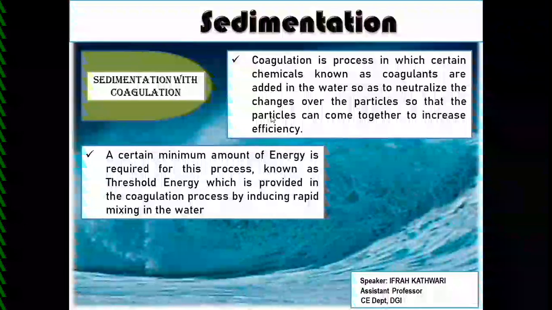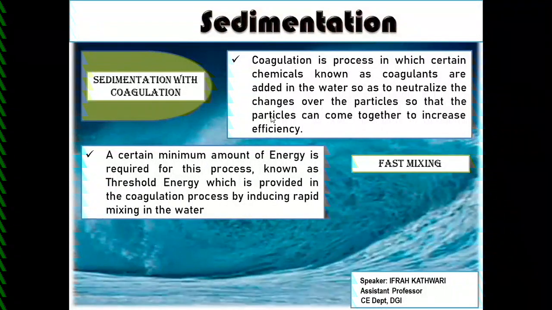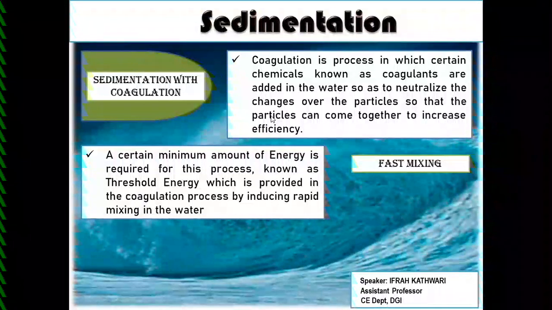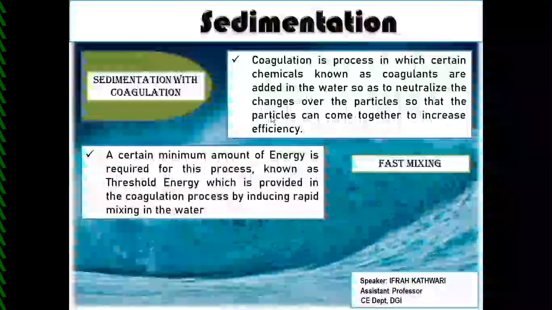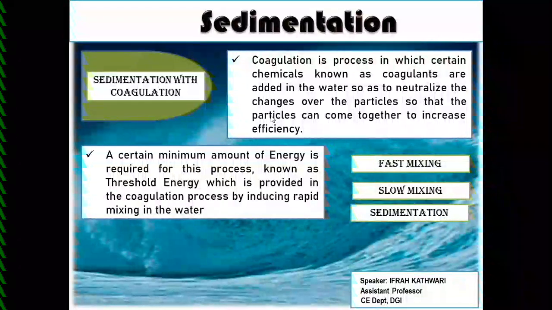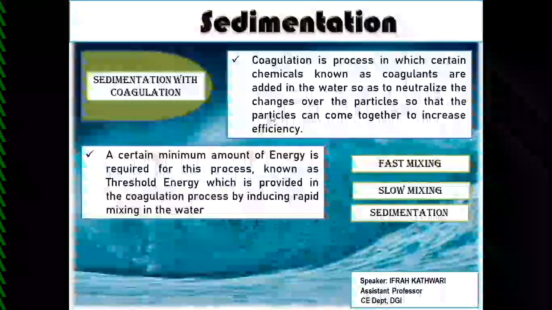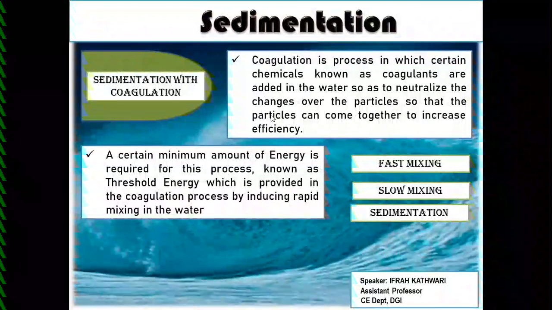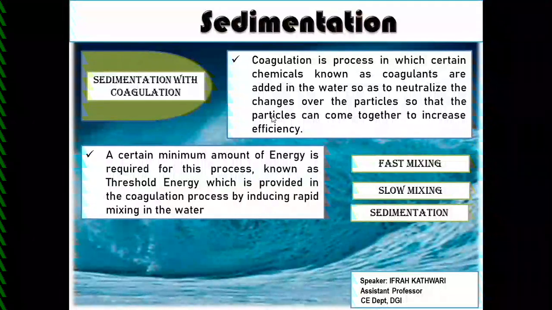If you talk of the sedimentation with coagulation process, it involves three important things: fast mixing, slow mixing, and lastly, sedimentation. This is what happens in the process of coagulation. Fast mixing is a rapid mixing wherein the particles come together, form large blocks, and then they are removed.